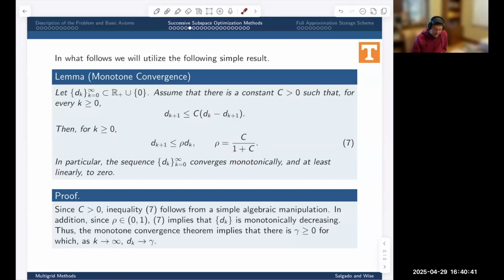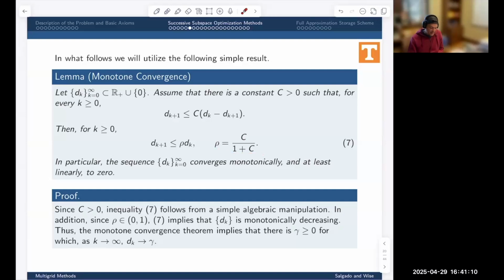So C is a constant, so think about C as being something like 3, and then this rho would, in that case, be 3 over 4. So there's a number between 0 and 1. And it doesn't matter what C is, any number of this type is going to satisfy that. So if C is equal to 2, then this is 2 over 3, etc. This number is always between 0 and 1.